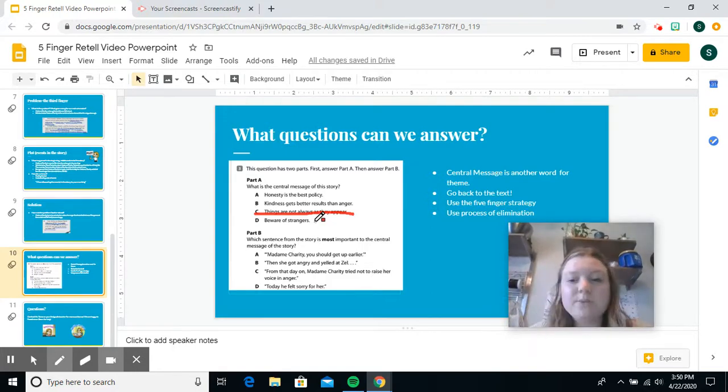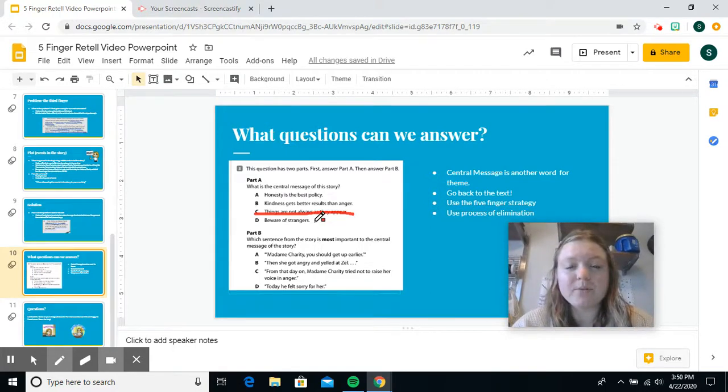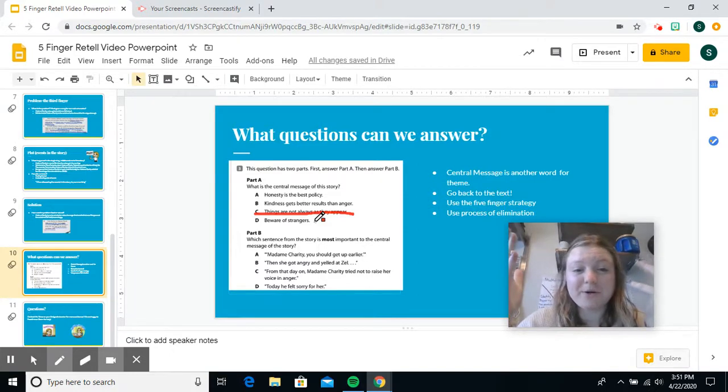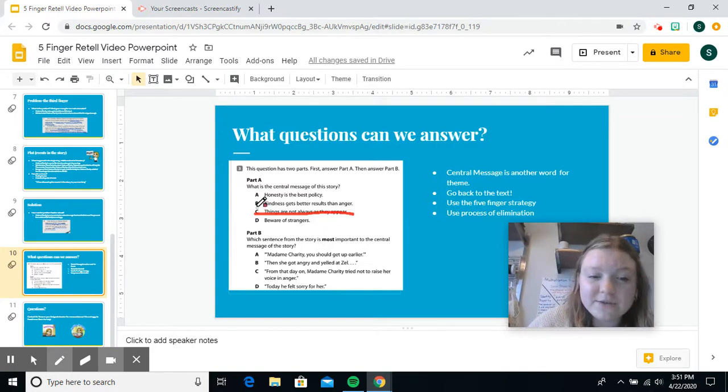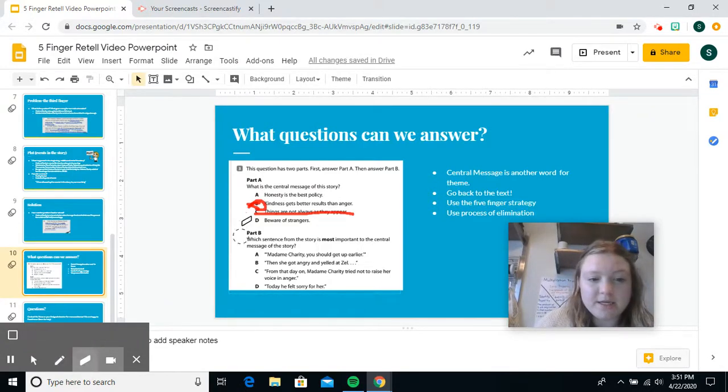But if I think back to what our problem was, that Zell was not being treated very kindly, and that Madame Charity was always yelling, and it says that she was an angry person. So I think that our best answer for this one is going to be B. That is our best choice. So B is our correct answer. Circle that again. There we go.